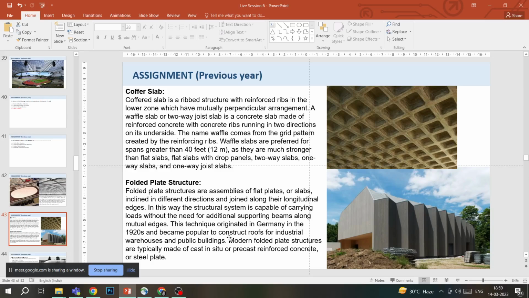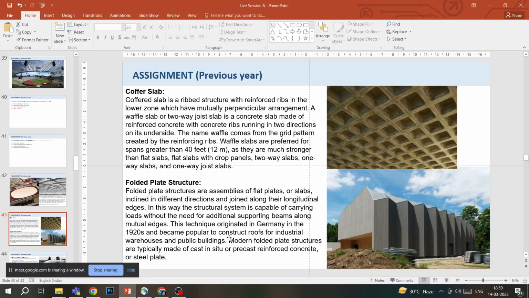Coffer slab is a ribbed structure with reinforced ribs in the lower zone which have a mutually perpendicular arrangement. It's also called a waffle slab because it looks like a waffle. It's also called a two-way joist slab. It's basically a slab made of reinforced concrete with concrete ribs running in two directions on its underside.